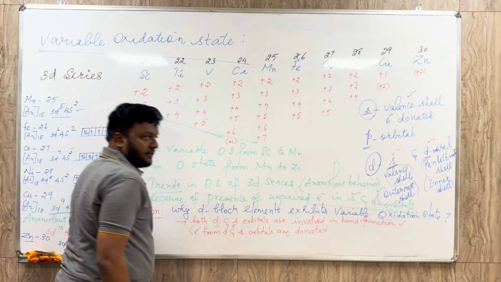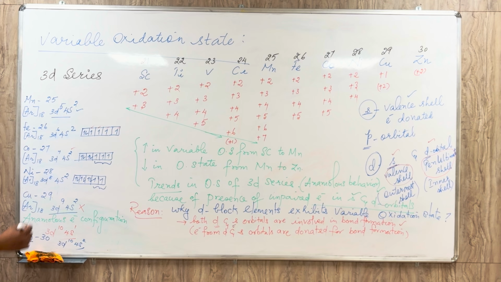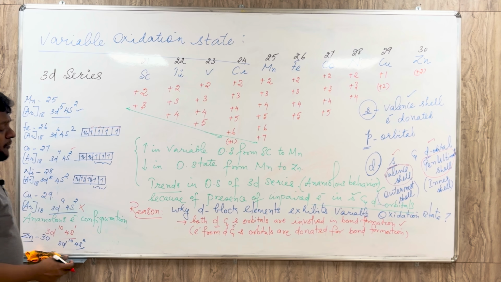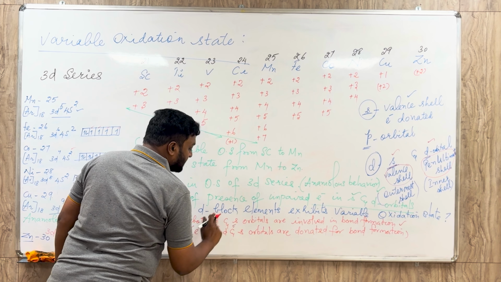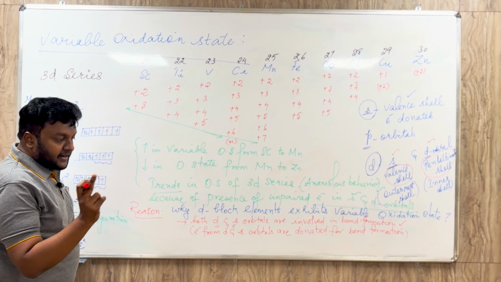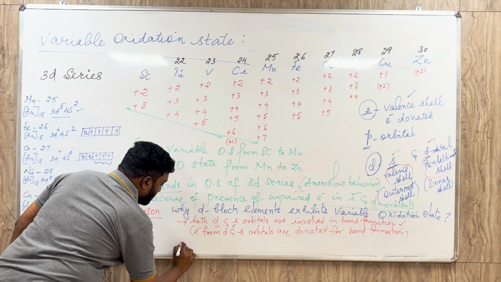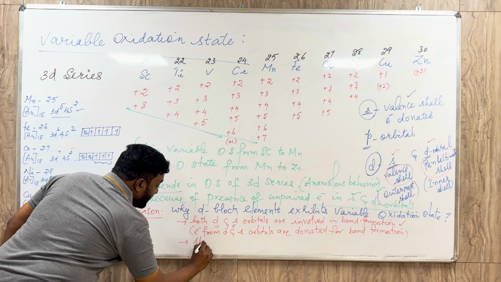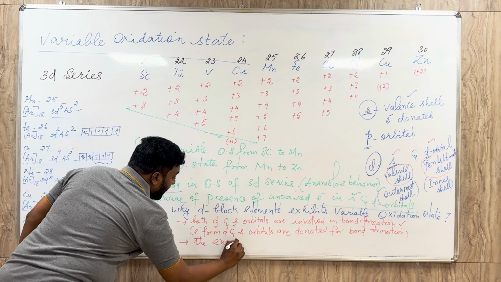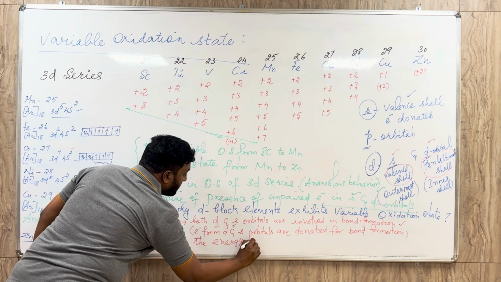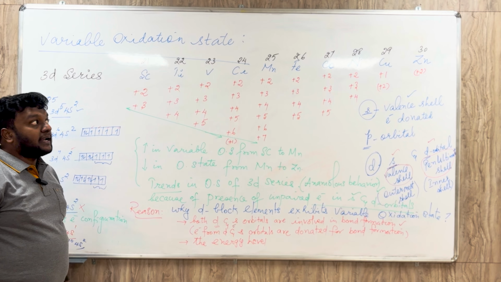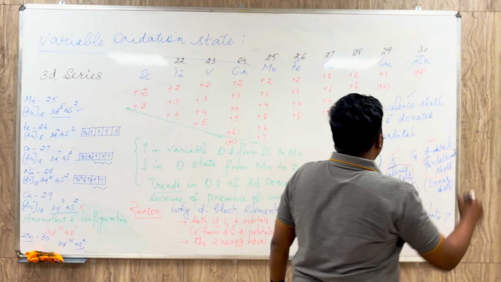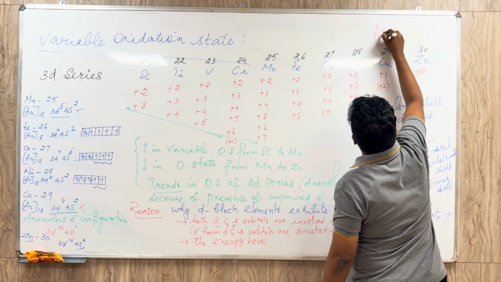One thing. Then the second reason. Why the electrons from both d and s orbital has to be donated? Because again there is a reason for that, because the energy azimuthal quantum number, or otherwise it can be called as subsidiary quantum number, azimuthal.